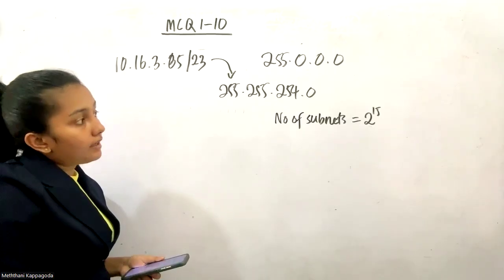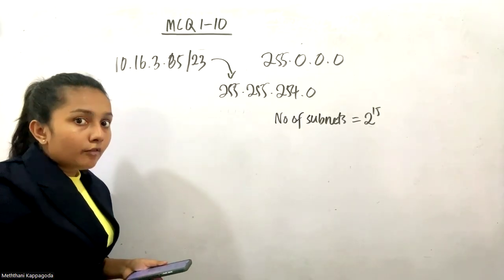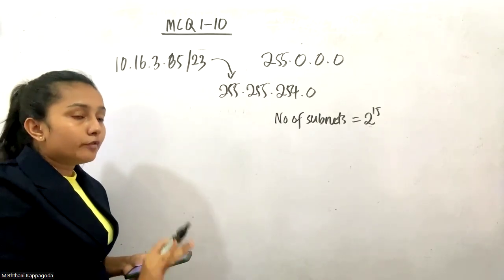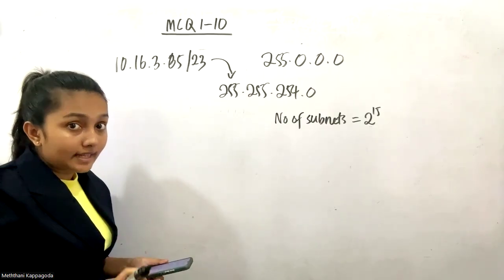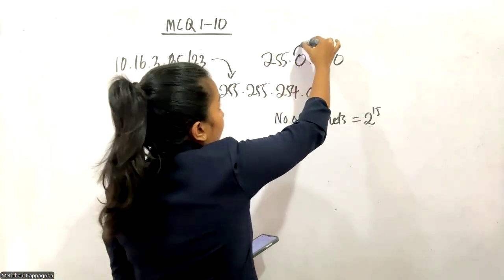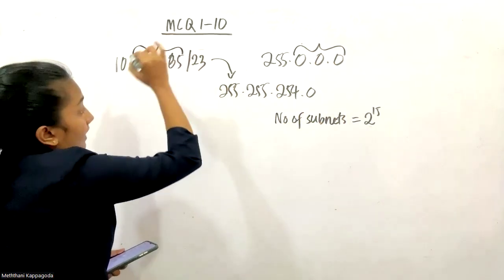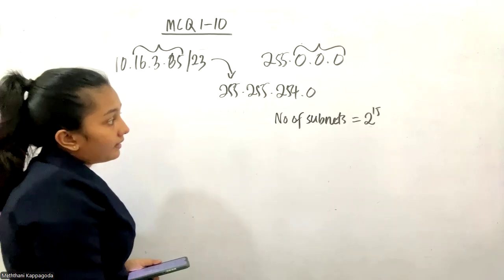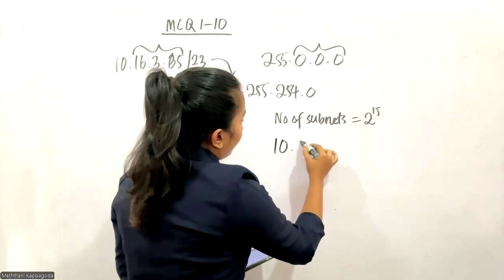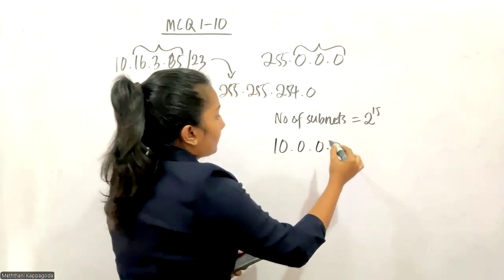Then we should find the first subnet. The first subnet is always the subnet which has 0 in its host part. Here the host part in the default subnet mask is also this part in the IP address. Therefore the first network is 10.0.0.0.